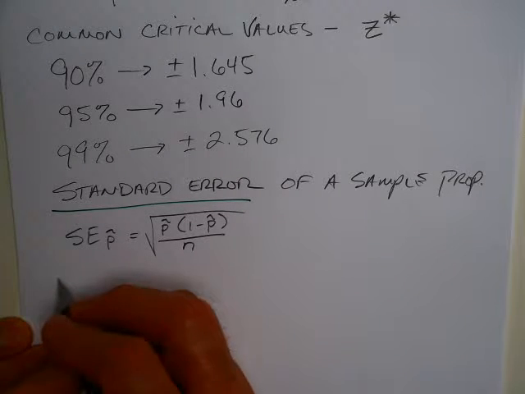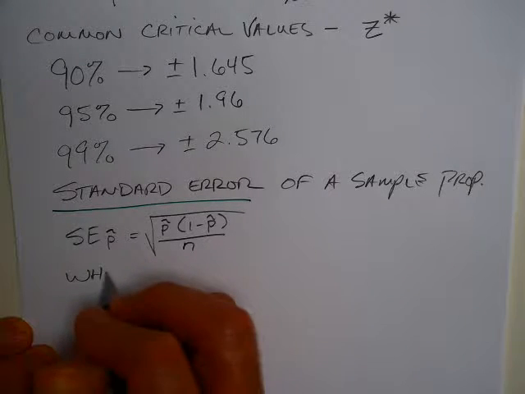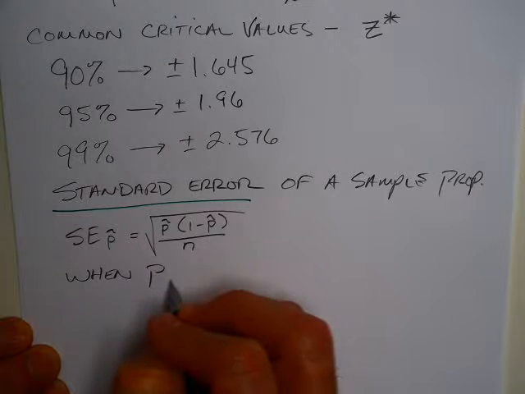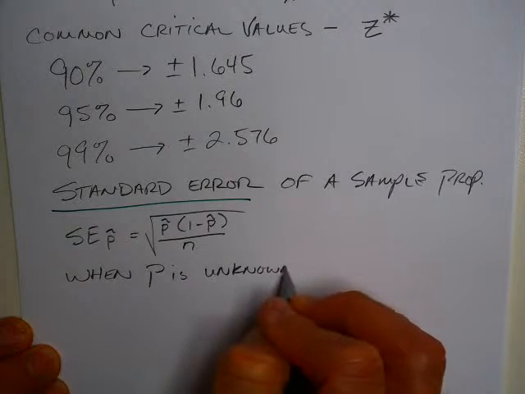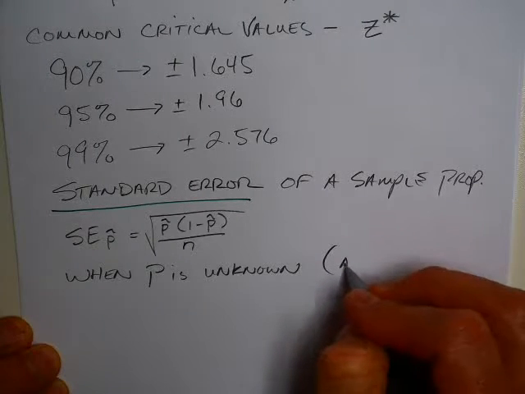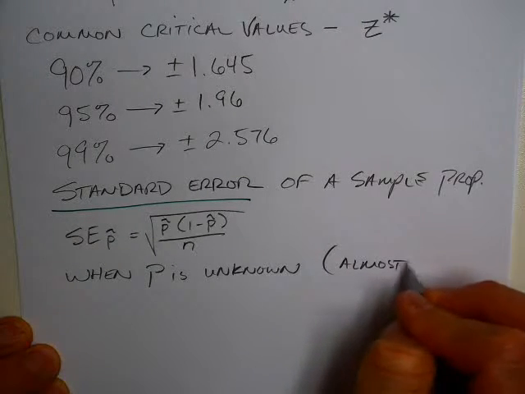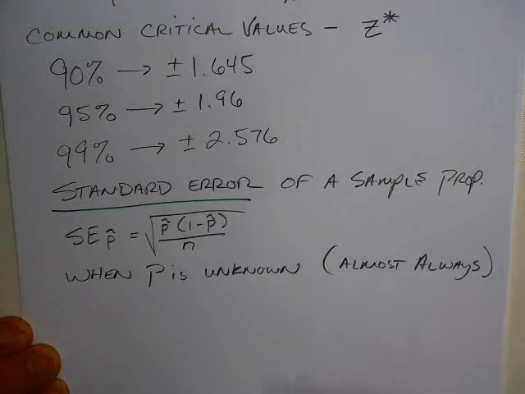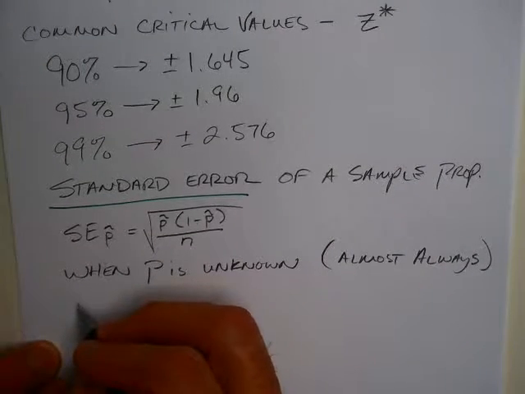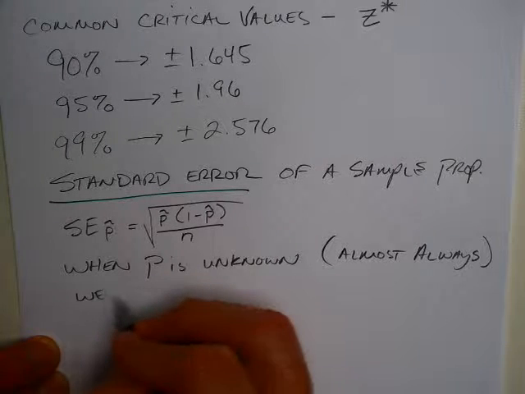So here's my general rule for this. When p is unknown, and I'm going to say that's almost always, we use p hat in our calculations.